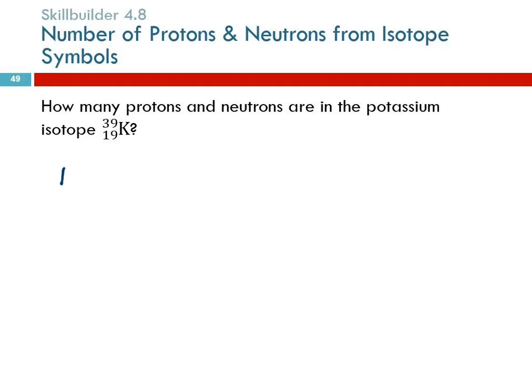So 19 protons. You could also look on the periodic table and find potassium, and it's 19. How do we figure out the number of neutrons? Subtract. It's all stacked up for you to subtract. Isn't that nice? So there's 19 protons and 20 neutrons.